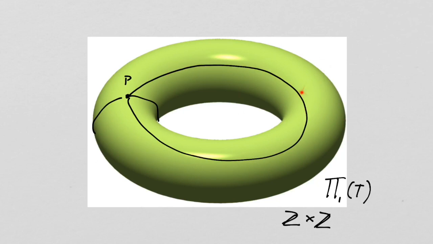Each time you go around here, you pick up one extra loop around this way, while each time you go around here, you pick up an extra loop around the smaller radius of the torus. And so you need two numbers really to describe every element of the fundamental group. And so Z direct product Z is the way we characterize this.